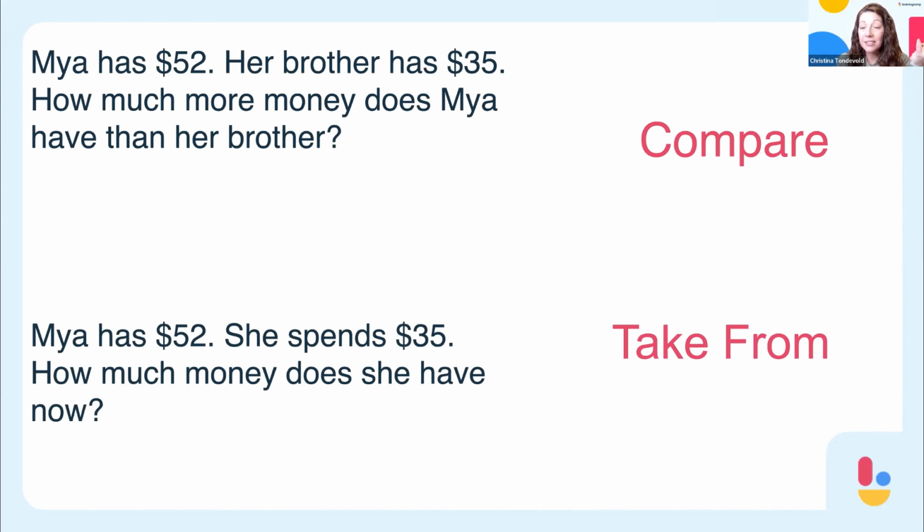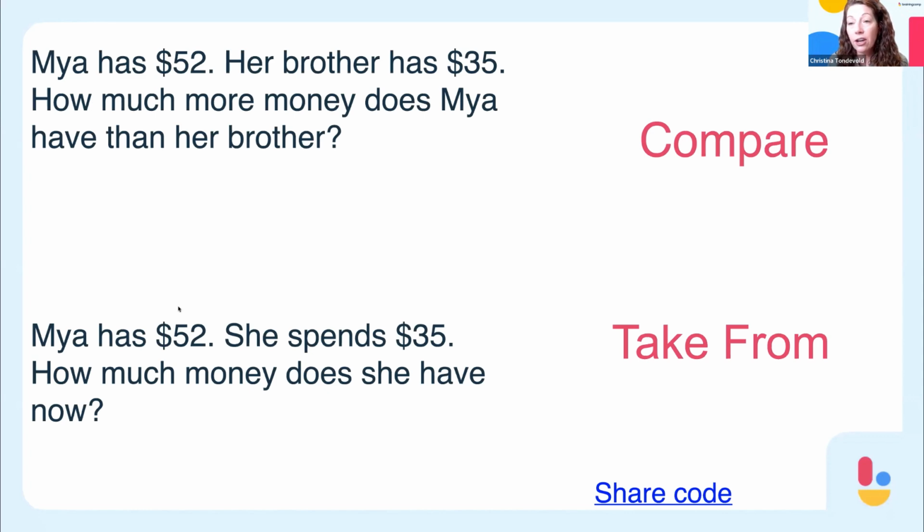In the bottom one, Maya has 52 and then she spends 35. So some amount is actually going away. Even though both of those could be solved by doing 52 minus 35, they are very different visuals and very different concepts around subtraction, okay? So let's hop in and try to actually model these.